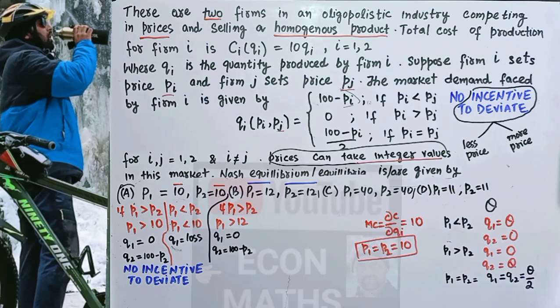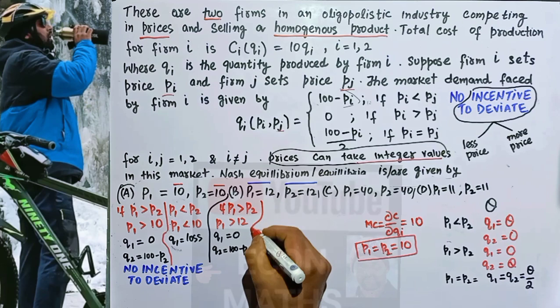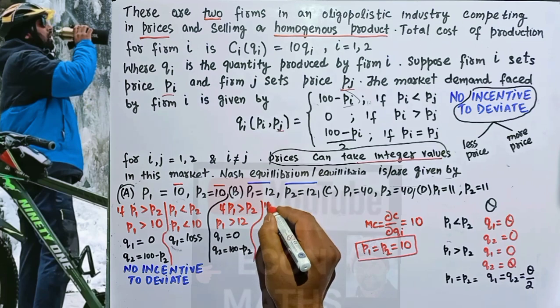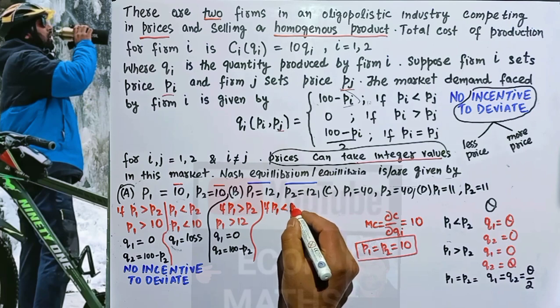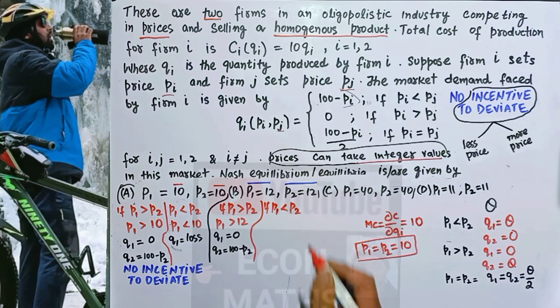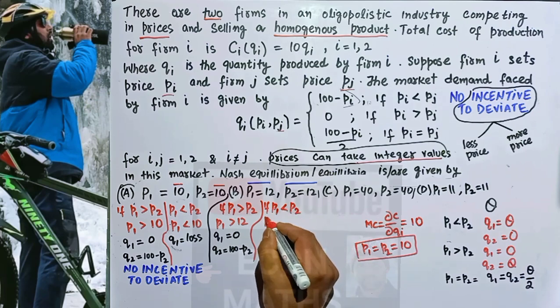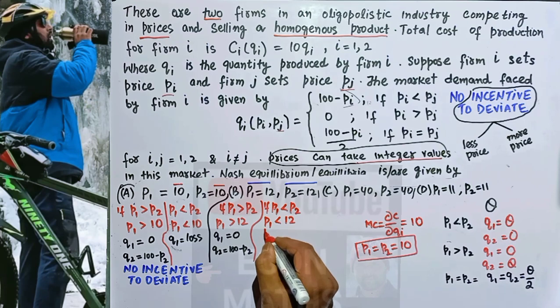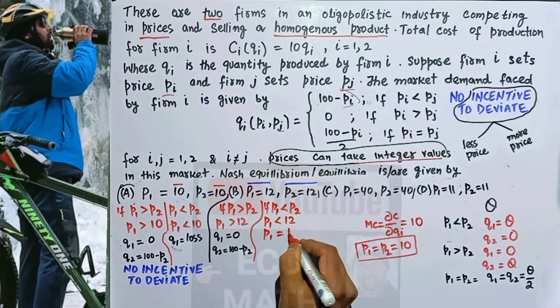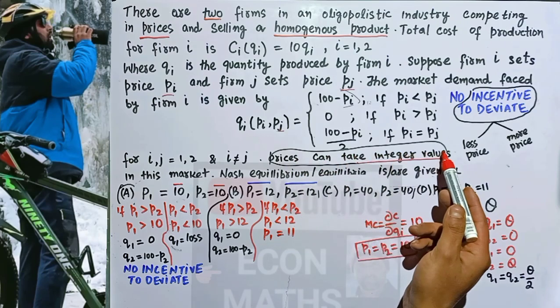And what can be another situation here? Same situation, if firm 1 charges a price less than the price charged by firm 2, that means the price charged by firm 1 is less than 12, and P1 can be 11. Less than 12 means here 11, because prices can take integer values only.